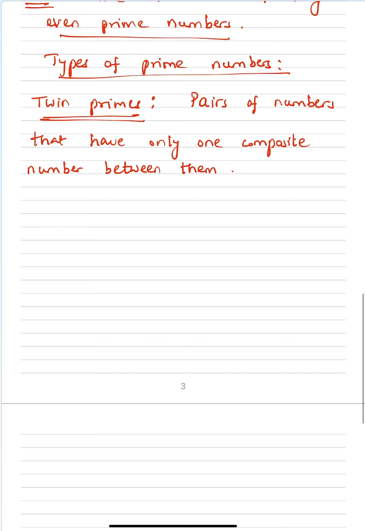If we take an example of 3 and 5, then there is 3, 4 and 5, right? 4 is a composite number, only one composite number between 3 and 5, the two prime numbers.